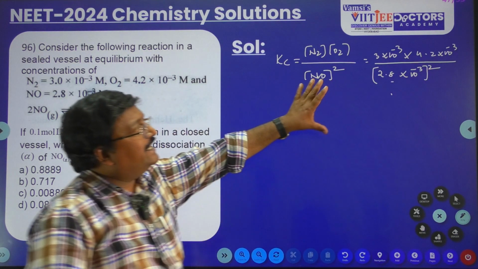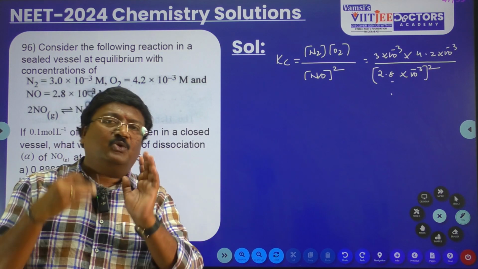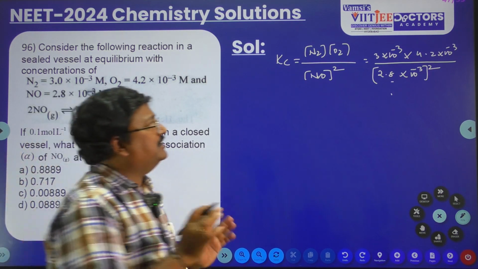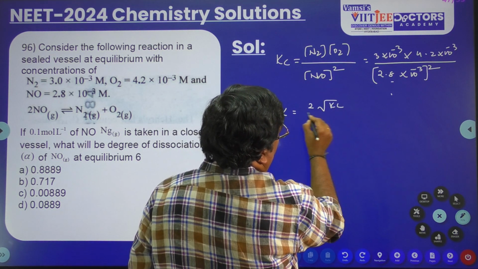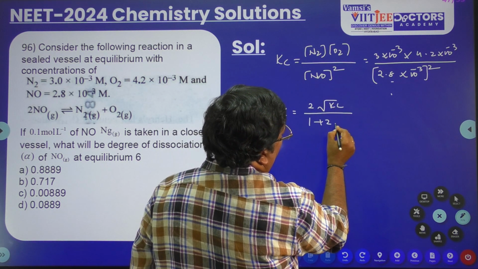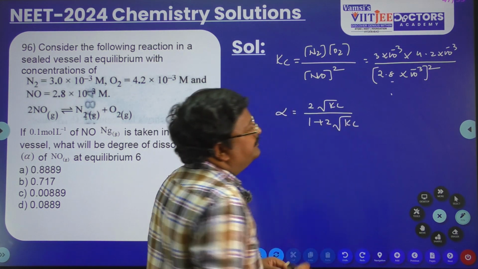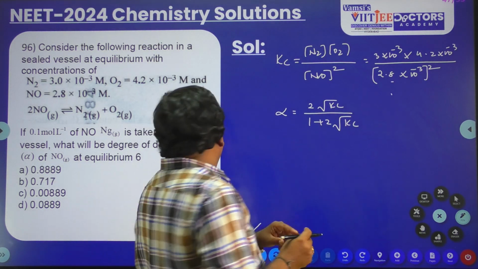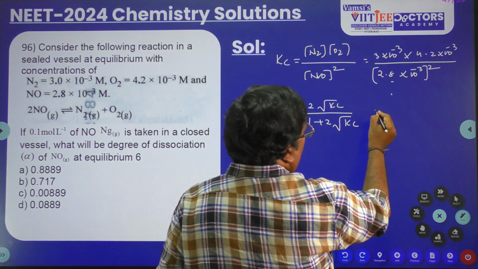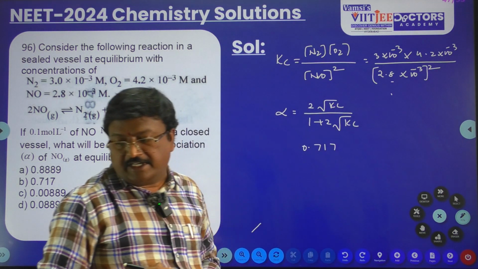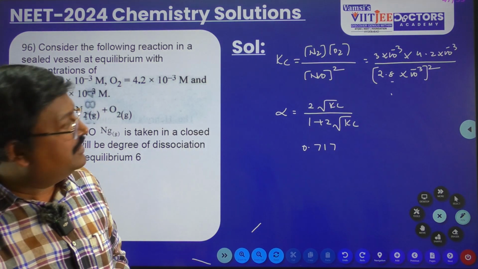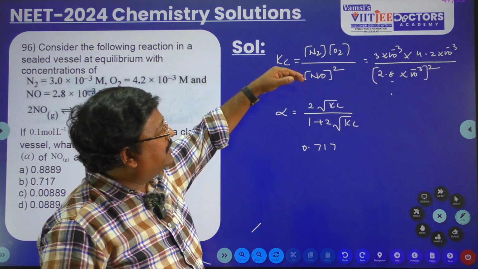You can get the Kc value from this. Later, 2 ways are there. One of the simplest ways is alpha equals 2 root Kc by 1 plus 2 root Kc. By that you can get the value 0.717.